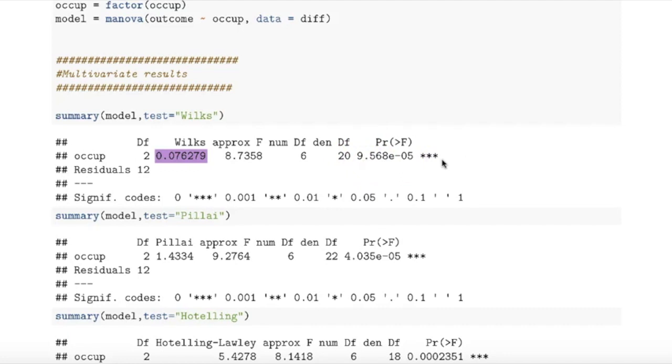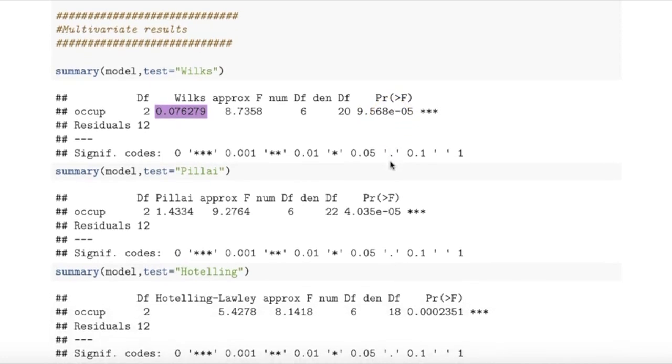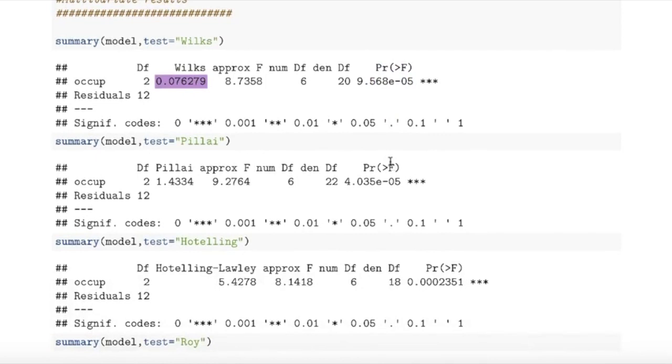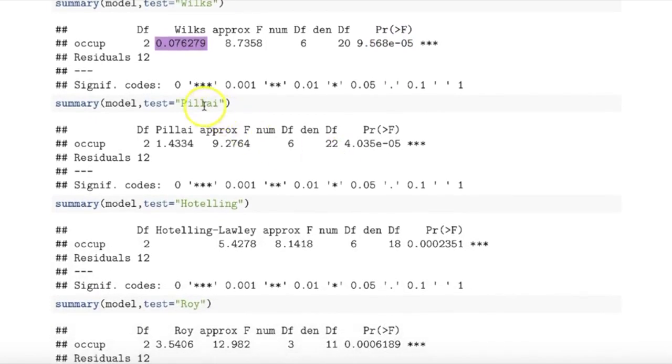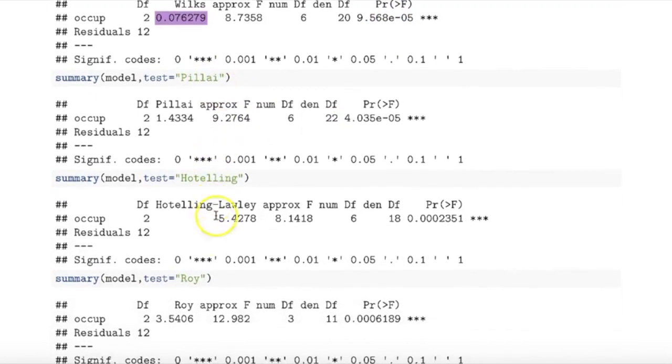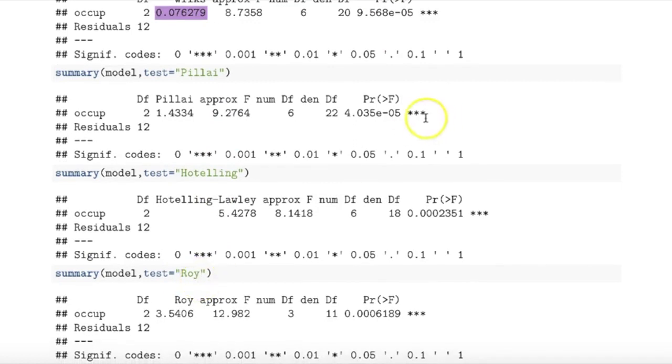And we have evidence that there are no parallel profiles for the three occupations, which we already know just by looking at the graph. But now we have a p-value, so we can feel accomplished about that. That was a joke. And then I do the same for Pillai, and then for Hotelling's, and then for Roy's greatest root. And you can see all of them are significant.